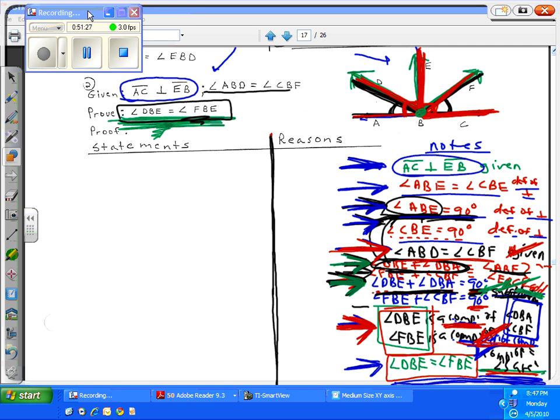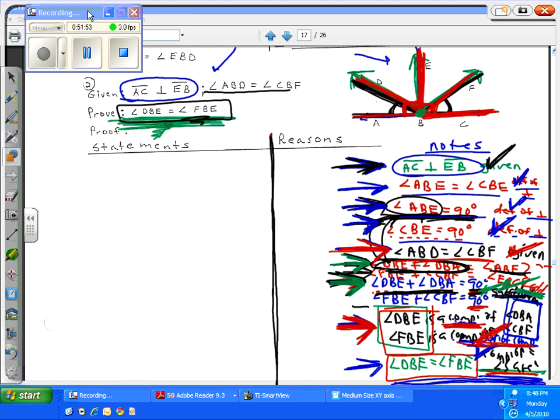The next needed statement was definition of perpendicular. It was these two statements which both had the reason definition of perpendicular, and actually that one. So to make those three statements with the reason definition of perpendicular, we have what we get out of it, but we needed the word. So we need that statement before we can make any of these three reasons.